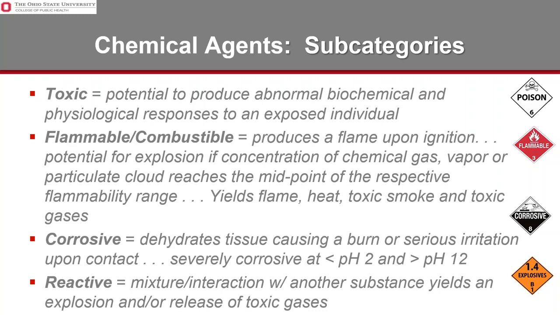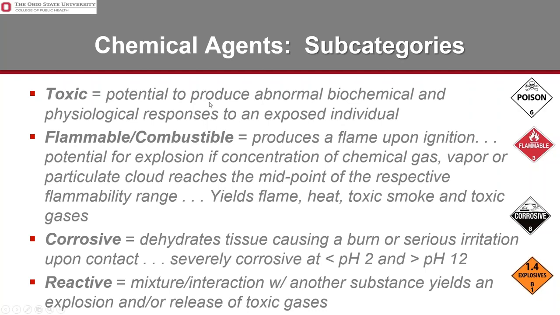So there are really four major subcategories under chemical agents, but the one of most relevance to environmental public health, as I stated earlier, is the subcategory of the toxic chemicals. And they're toxic because they have the potential to produce abnormal biochemical and related physiological response when an individual is exposed. And those are the substances we refer to as poisons.